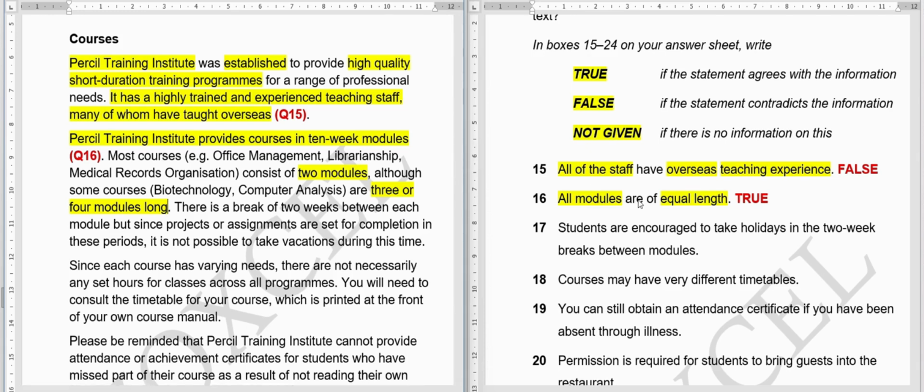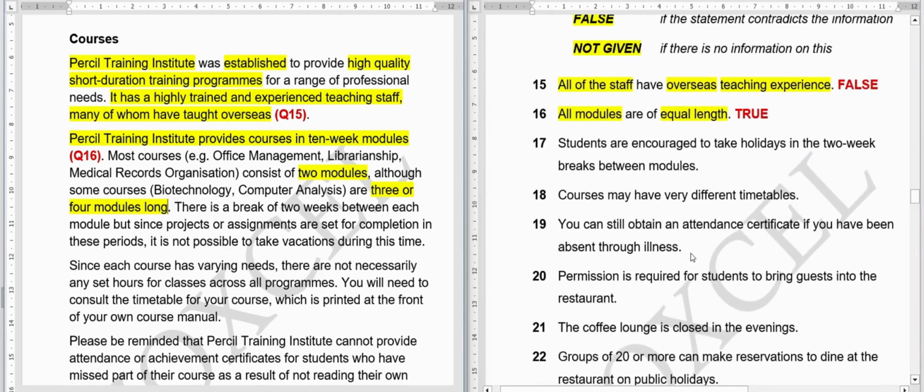We are not talking about the number of modules. I am repeating it again. We are talking about the length of the course or the length of each module. So they will finish in 10 weeks. So 10-week modules. I hope it is clear.